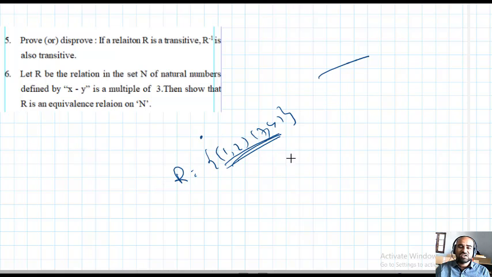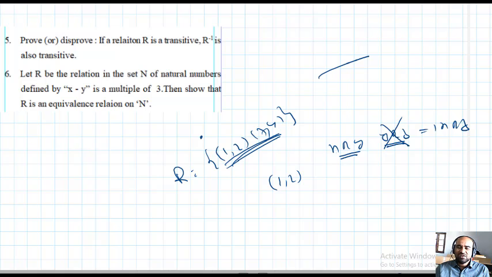Now I want to check whether this is transitive or not. What is the definition? x related to y and y related to z implies x related to z. If this is there and this is there, x related to y, and if you have y related to z, then it gives x related to z.